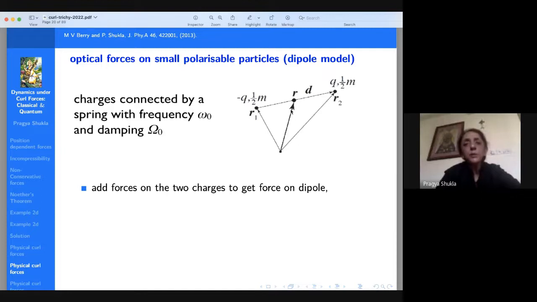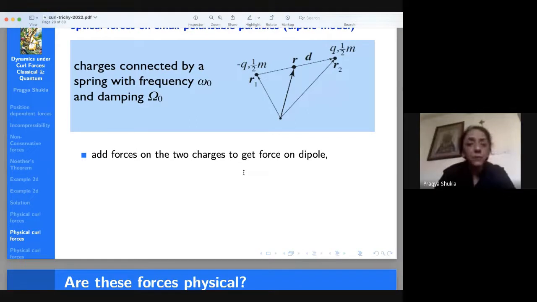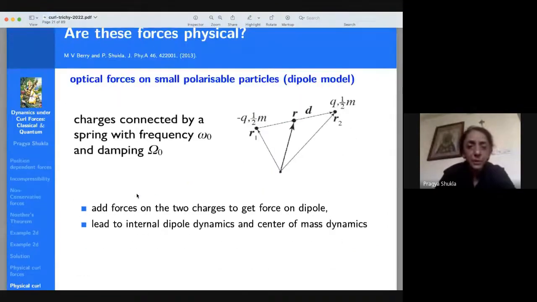But they are also subjected to damping forces and attractive forces. So I add the forces on the two charges to get the force on the center of mass. If you have a system and want to consider how the center of mass moves, you consider the force acting on all parts and calculate the net force acting on the center of mass. Now what happens?